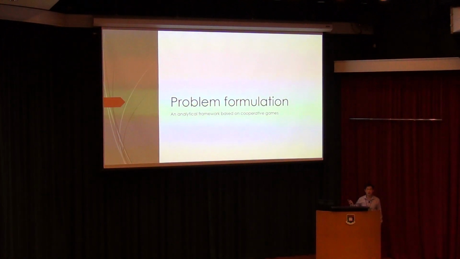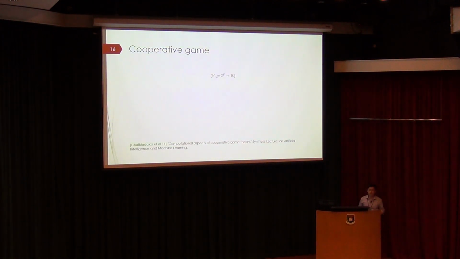And I'm going to now introduce a problem formulation that addresses all of these. Okay. So this is the game theoretic framework that I'm going to talk about. So first I will introduce some basic concepts of game. So what is a cooperative game? It starts with basically just two mathematical constructs.